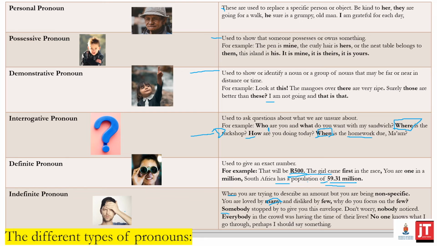Right, let's move on. Somebody stopped by to give you this envelope. So it's very vague. Associate the word indefinite with vague, just someone who's not very observant. Somebody stopped and gave you this envelope. Don't worry, nobody noticed.